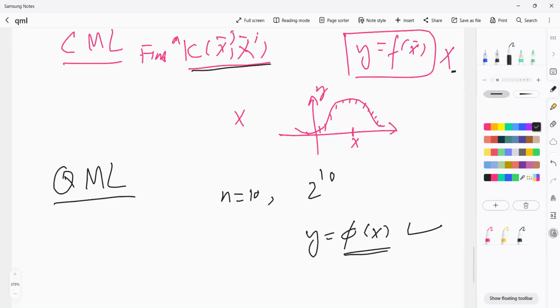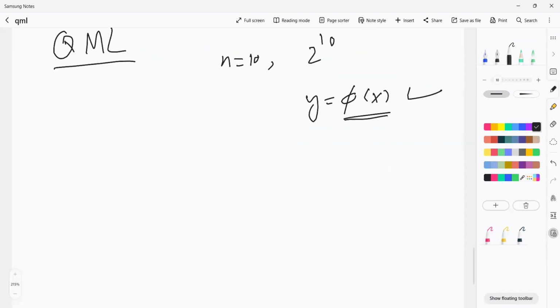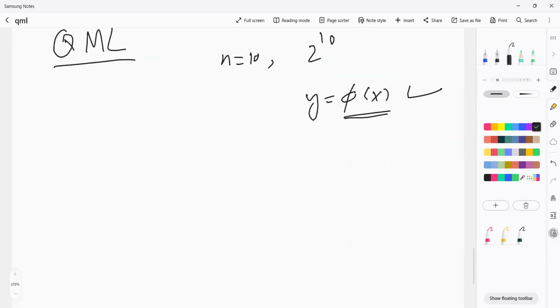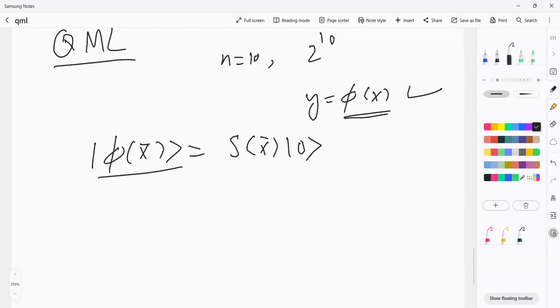Let me first show how to compute the kernel for a given transformation. Then I'll give a few examples of these kernels. This transformation is really easy to implement because all I have to do is transform any data to a higher dimensional space. I will have to come up with some data encoding technique and apply this unitary operator to an initial state, and then I get a state.